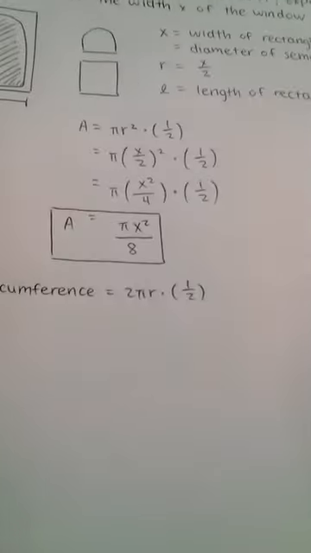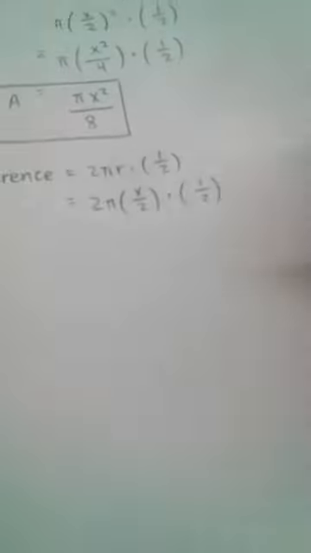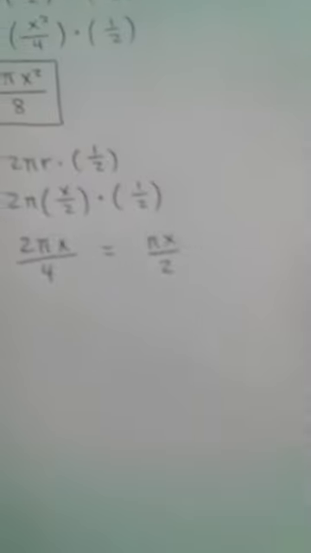So if we substitute x over 2 as radius, we will get 2 pi times x over 2 times 1/2. And now we will get 2 pi x over 4, which simplifies into pi x over 2. And this is our circumference of the semicircle.